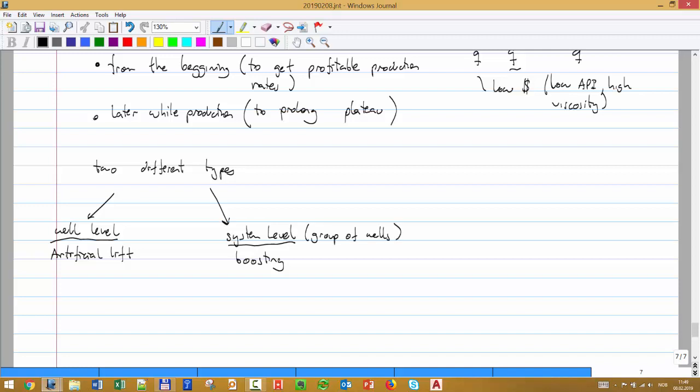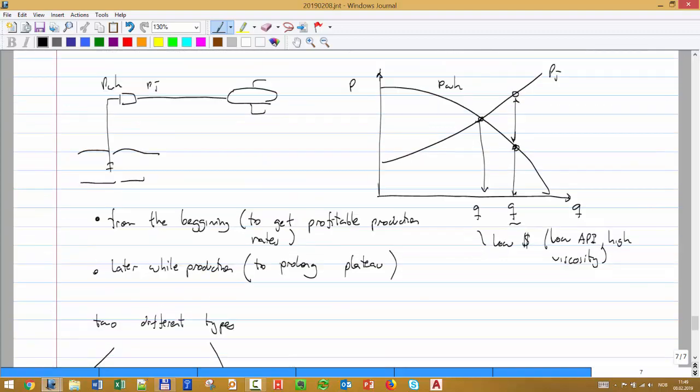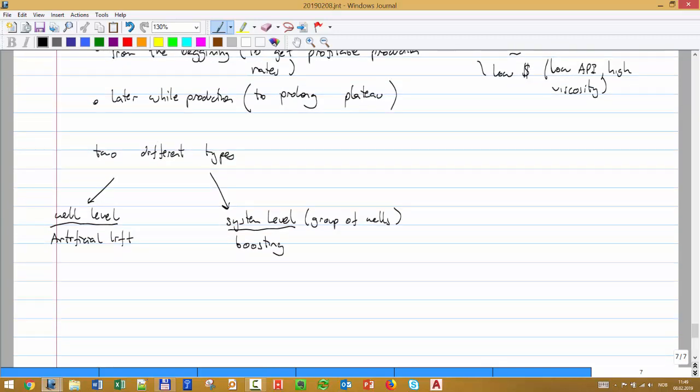Okay, so I'm going to talk about boosting. Typically, this type of boosting is two-phase. That means I have a multi-phase mixture inside, gas and oil. Some gas already came out of solution, or I had gas coming from the formation. So I have gas and liquid flowing through the pump.